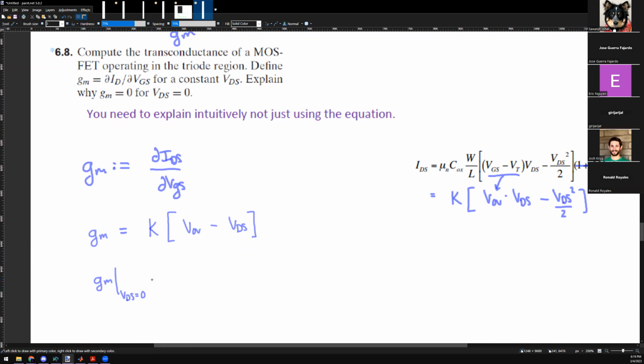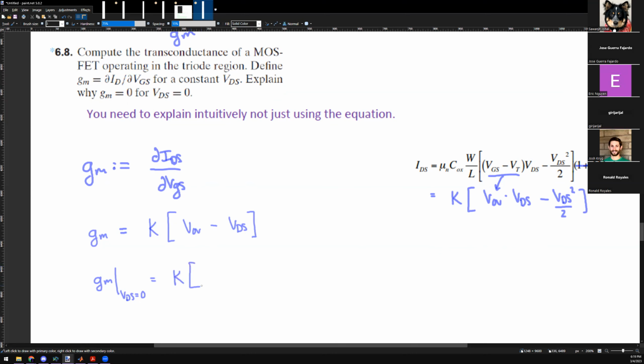Okay, so in this case, for VDS equal to 0. Wait, why is GM equal to 0? My thought was not deriving it, but just plugging it in there. No, I know, it's not going to work. Hold on.